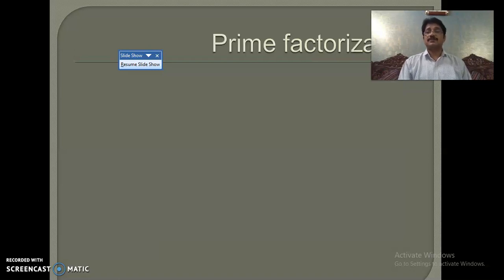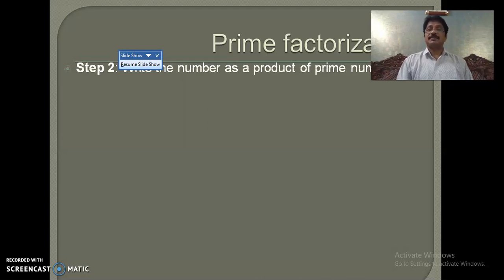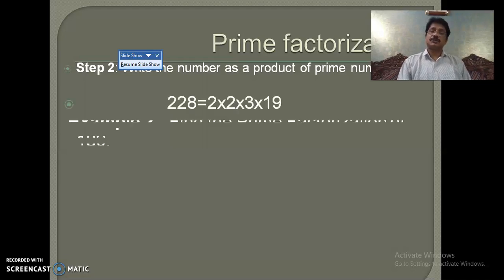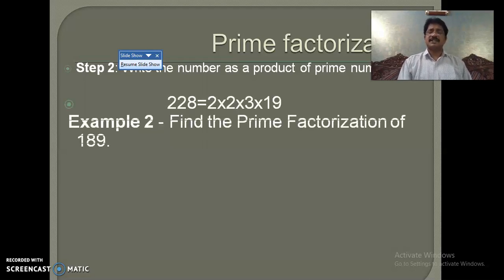Correct? So when you express any whole number as a product of primes, the process is simply called prime factorization.